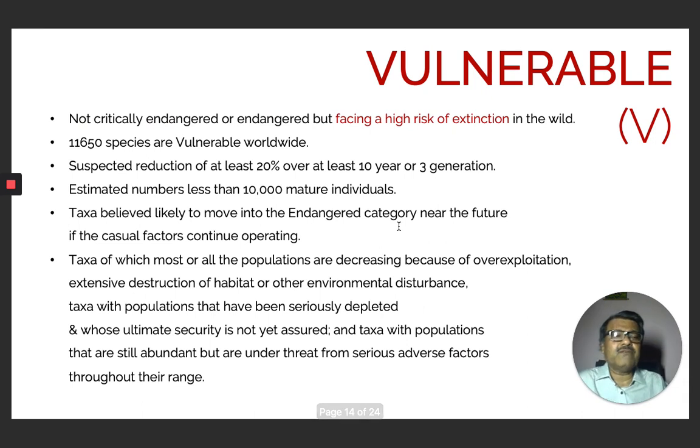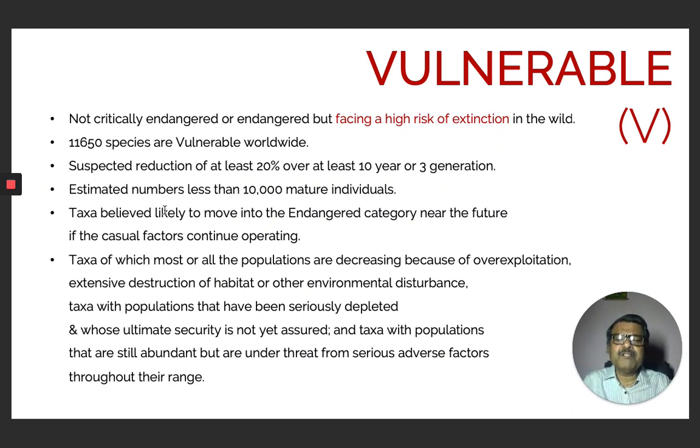Next category is vulnerable. It is not critically endangered or endangered, but still facing the risk of extinction. There are 11,650 species under this category. How will we recognize or categorize them? IUCN categorized it on the basis of suspected reduction.